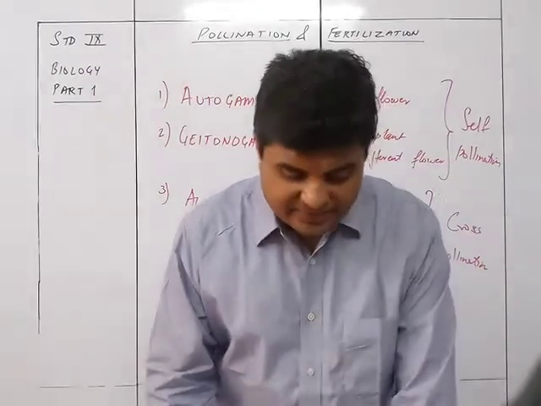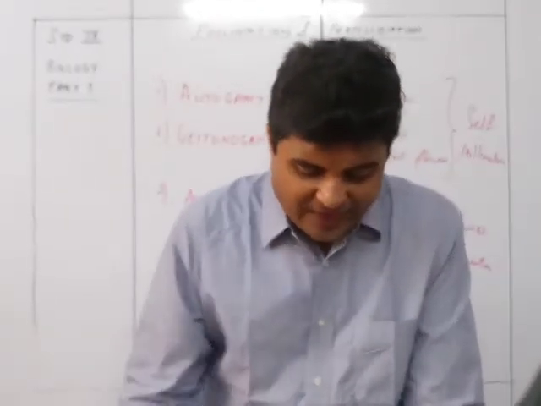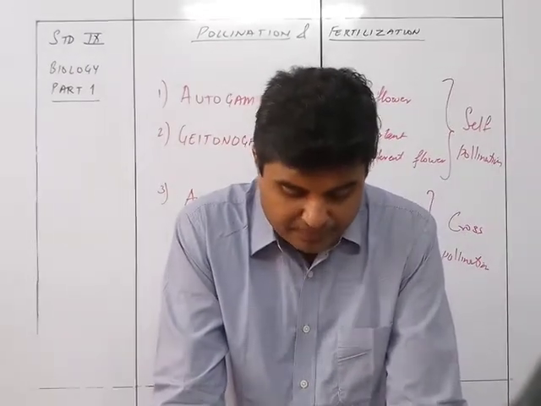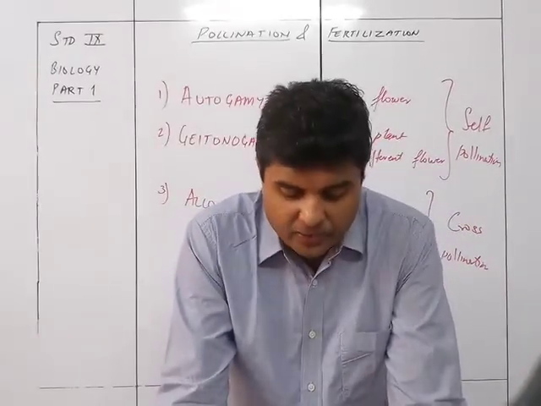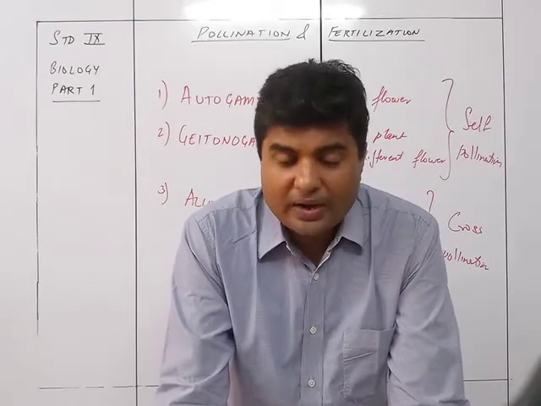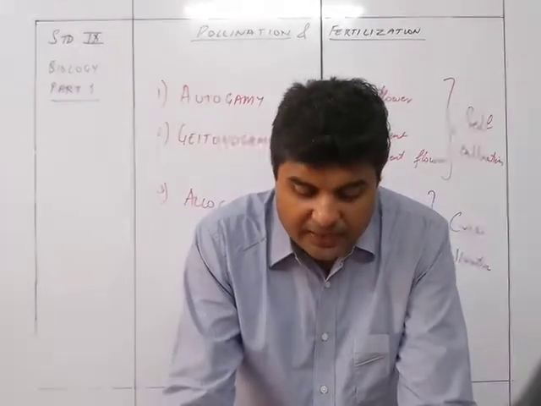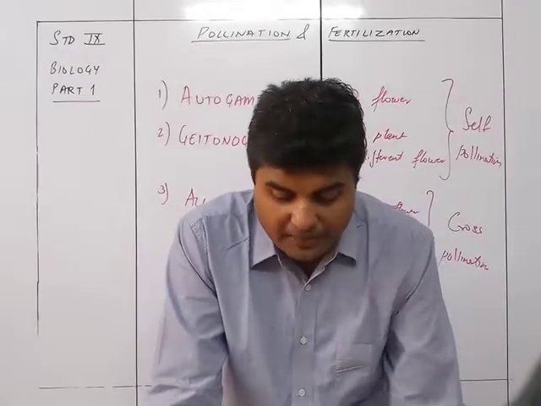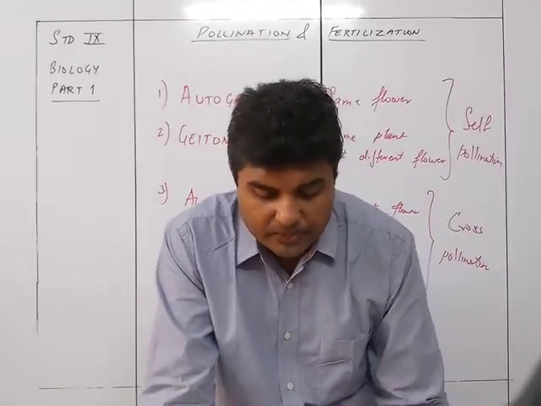Got it? So it says over here, many different kinds of flowering plants may be growing in the same vicinity. For example, an orchard may have trees of mango, guava, lychee, etc. Even some wild trees like neem, jamun and shisham may also be growing in the neighborhood.